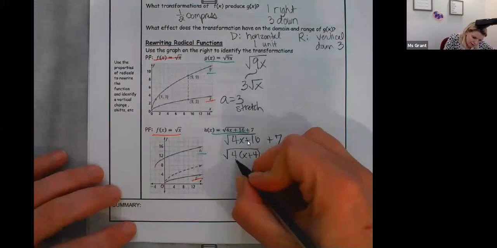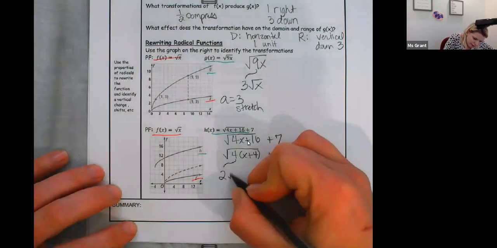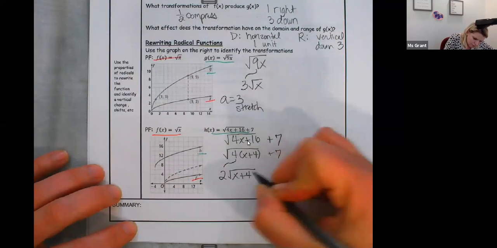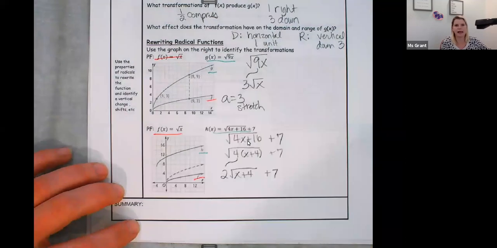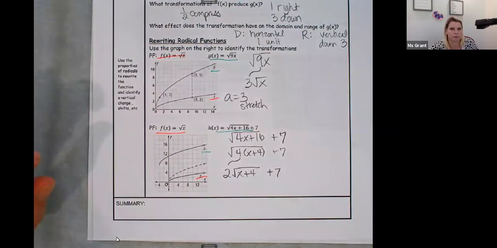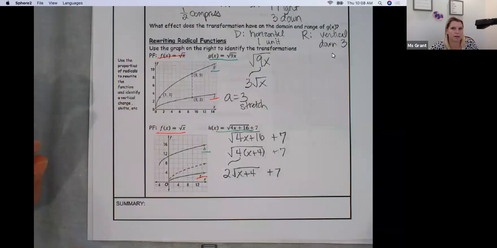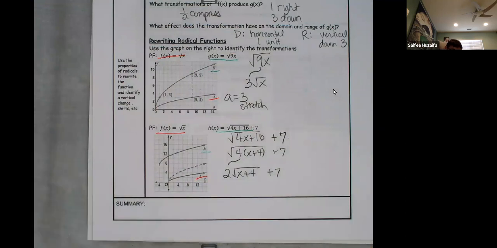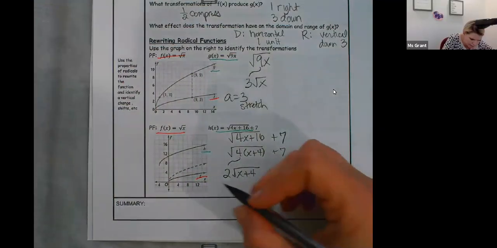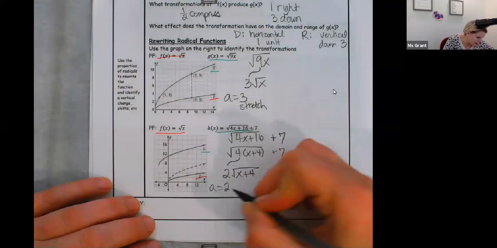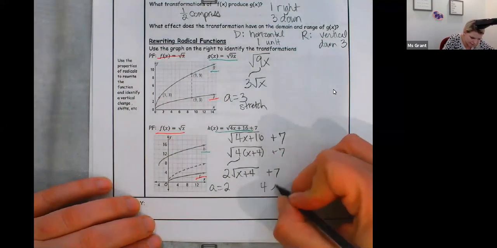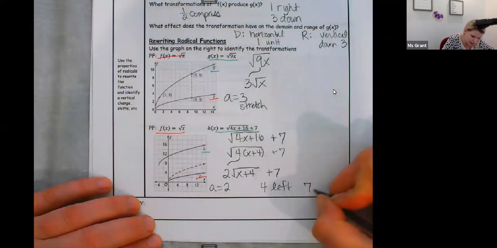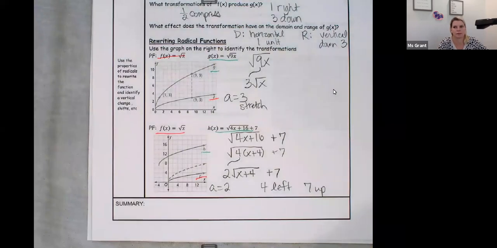Four is the perfect square. It comes out. 2 radical x plus 4 plus 7. Yay. This is good. That means 2 is my A, and then I have 4 to the left, 7 up. 4 to the left and 7 up.